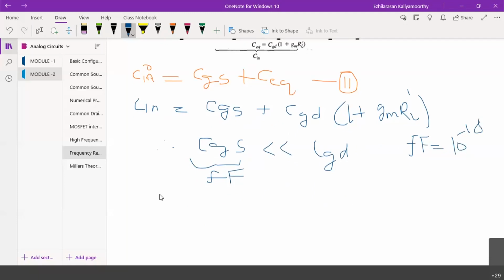So the CGS is very much less than this term, and it will be eliminated.